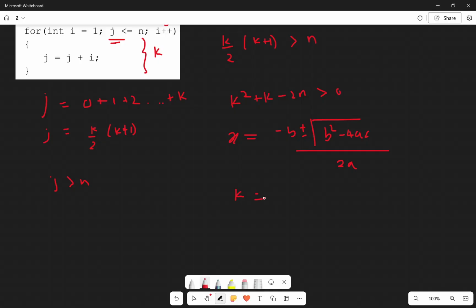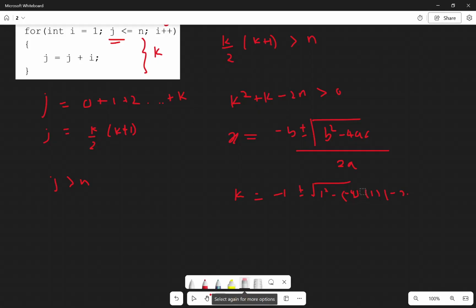So k will be minus 1 plus or minus the square root of 1 squared minus 4 times a which is 1 and c which is minus 2.